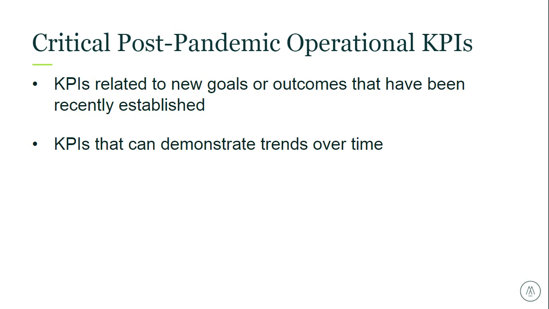Yeah, I had a couple of examples. I think number one example is technology. We've all made a tremendous shift in investment in technology. So maybe identifying an outcome KPI about, is our technology working? What are our cost trends in technology? Is it efficient? That can be really helpful for you as you continue to respond.